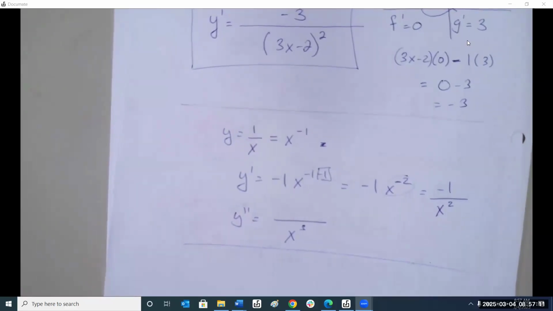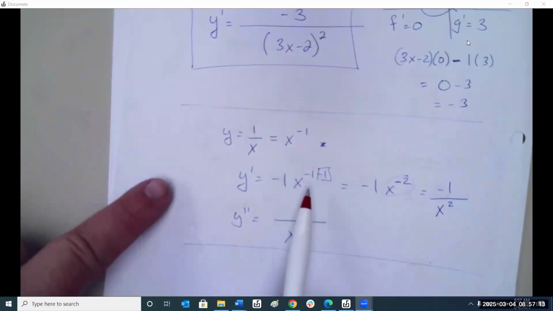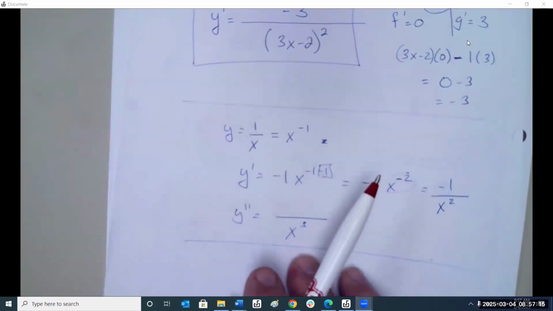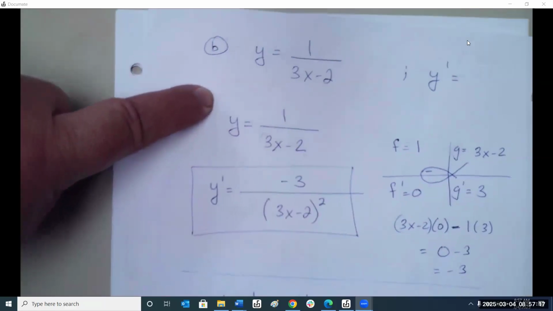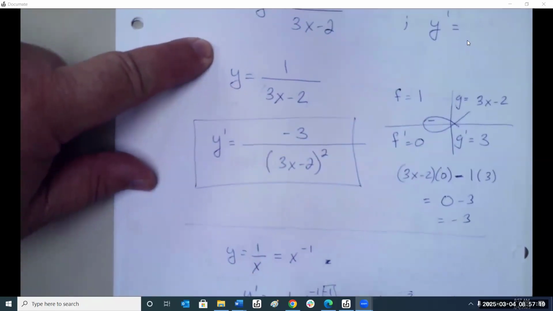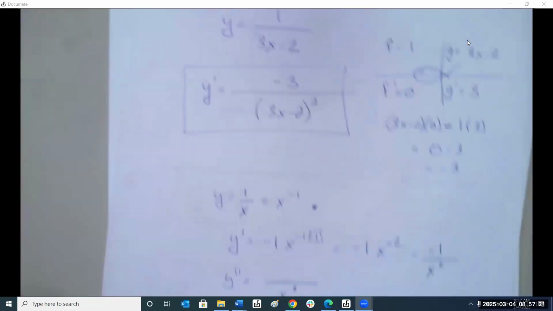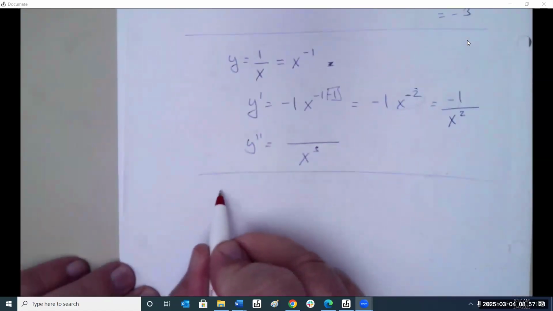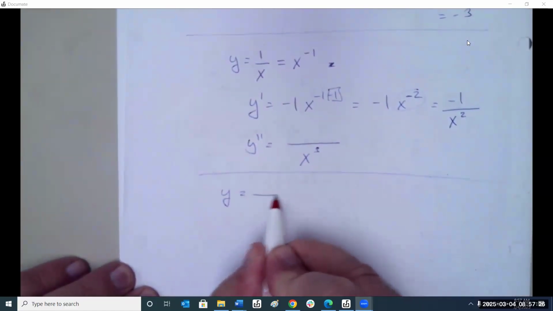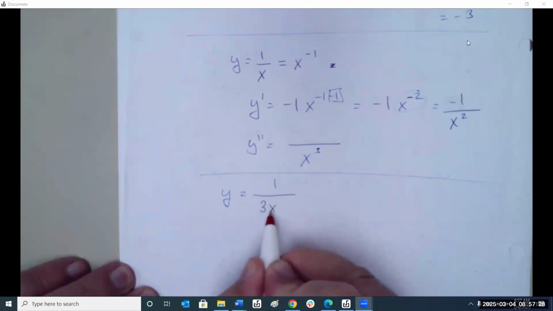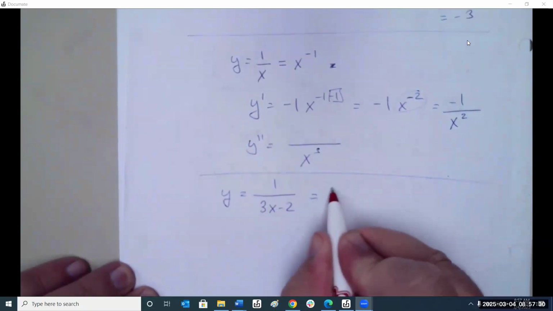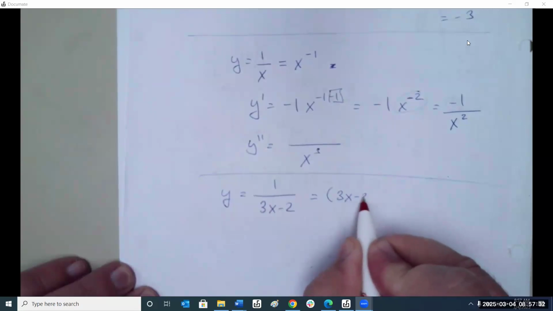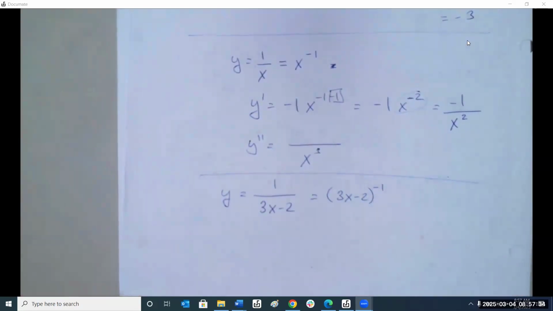All right. So with that example right there, let's solve this one again. Instead of using the quotient rule, we can rewrite this as a negative exponent.